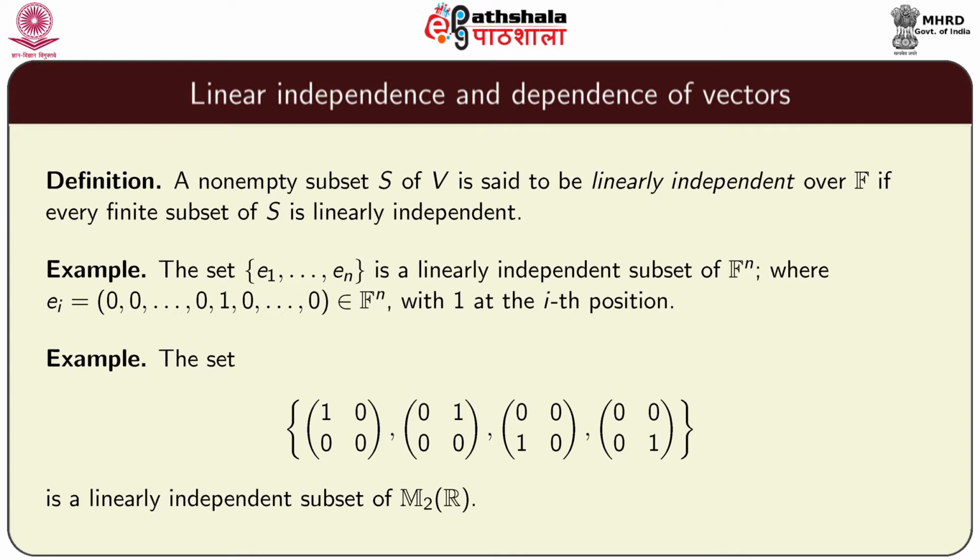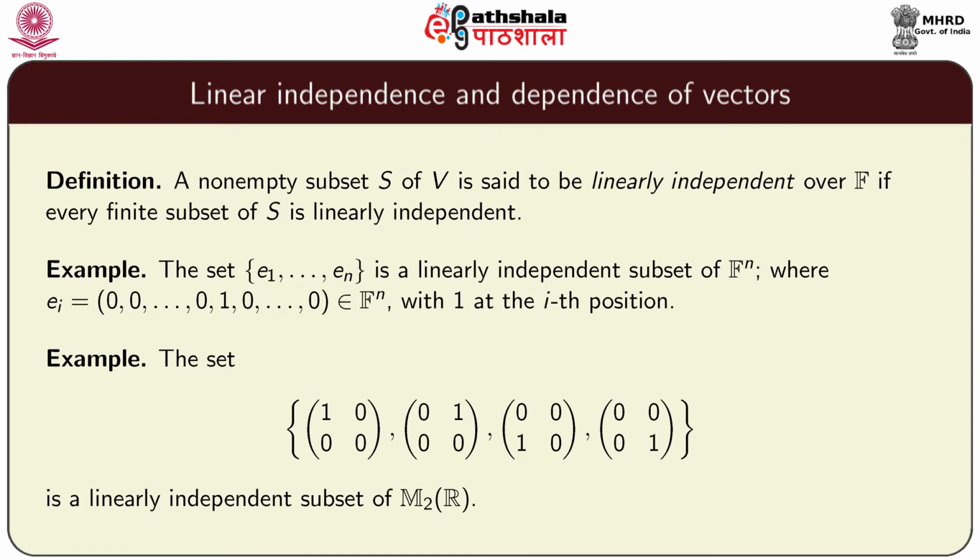Why is it so that it is linearly independent? So, we have to prove that if a1, a2, ..., an are from the field F, and if a1 e1 plus a2 e2 etc. up to an en is the 0 vector, then a1, a2, ..., an must be all 0.